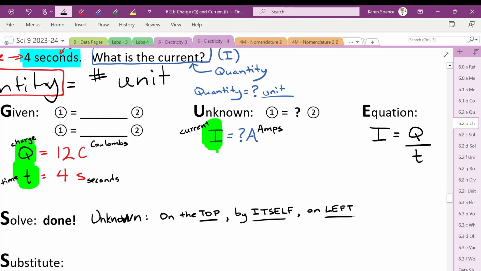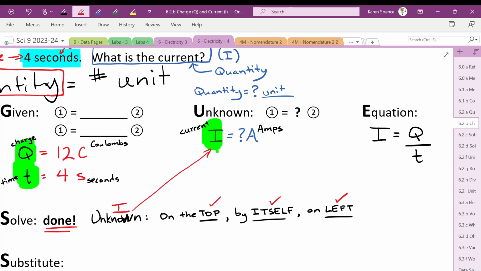Is our unknown I on the top? Yes, it is on the top. Is it by itself? Is there any other variable with it or no? There's nothing else with it. It is by itself. Is it on the left? Yes. Okay, so this is done. We don't have to solve it. It's already in the correct form. Okay.